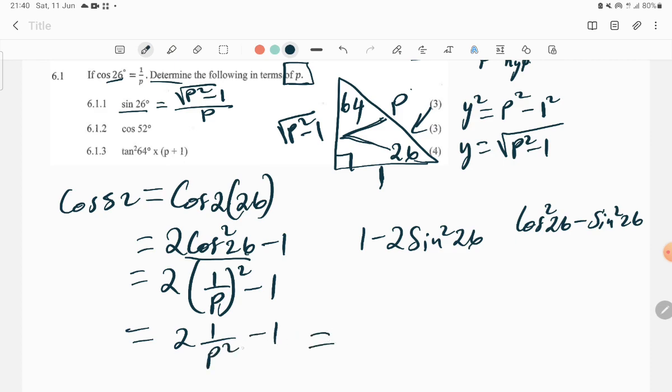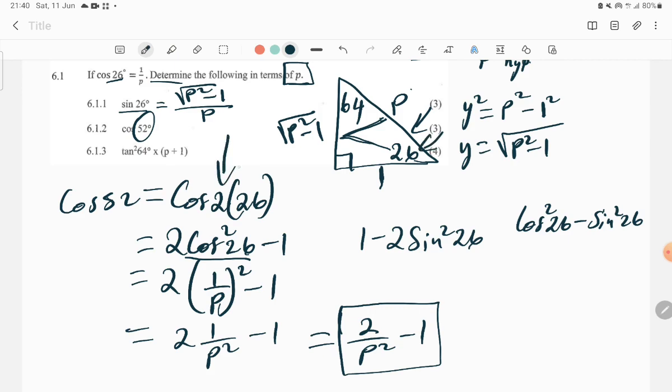Then your answer can be simplified like that. So this is what we have for cos 52. Remember that we broke down this 52 to be 26 times 2 to take us straight to a double angle. Yeah.